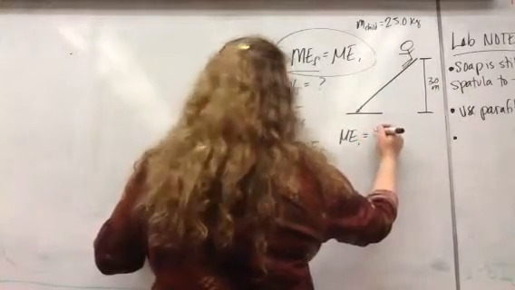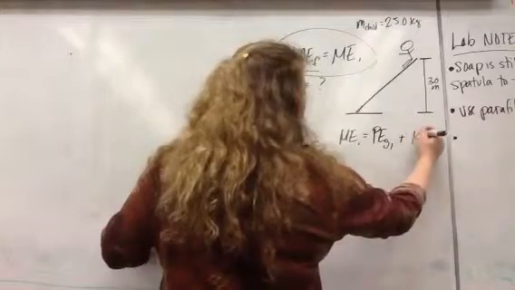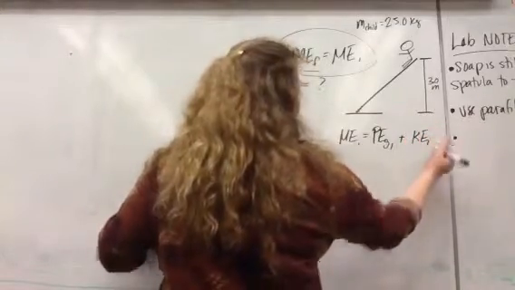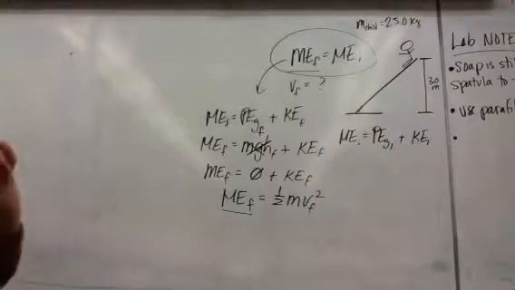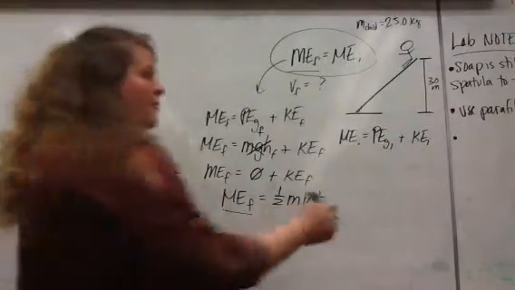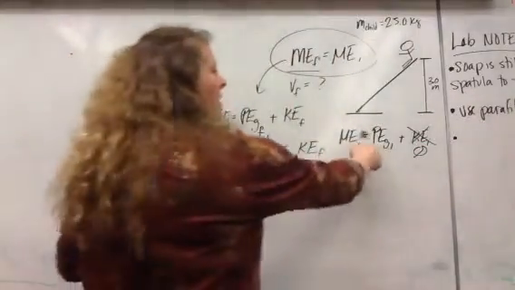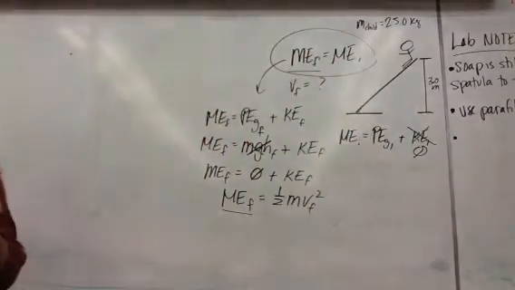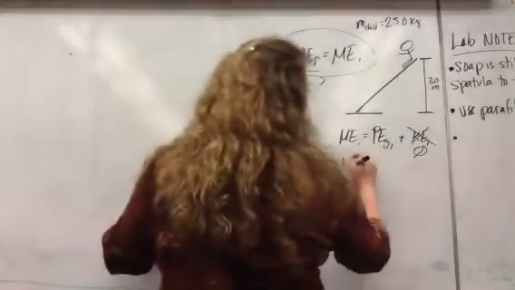ME initial is gravitational initial plus kinetic initial. What's the initial kinetic energy when she's sitting at the top of the slide still? 0. Can we figure out her gravitational potential energy at the top of the slide? We can.